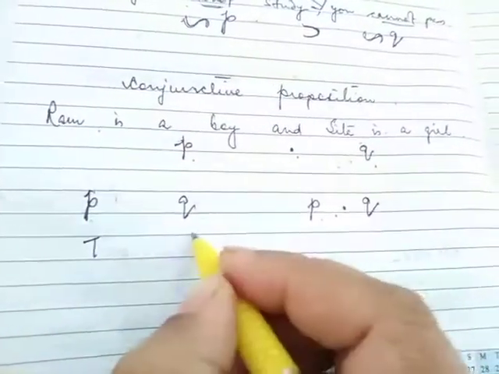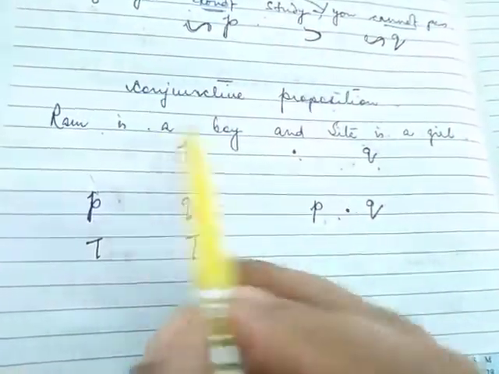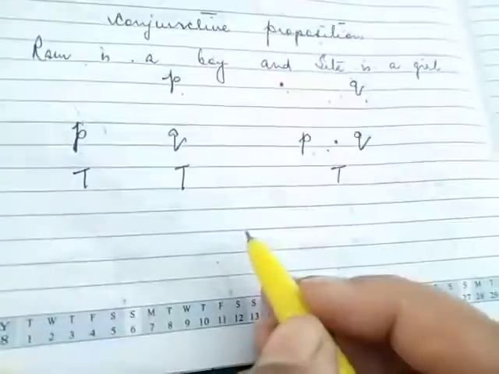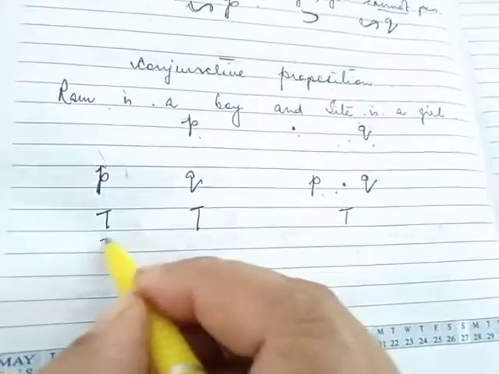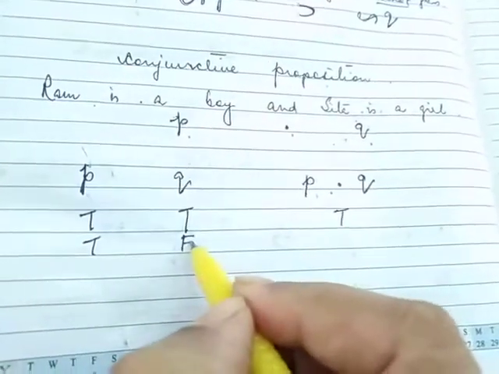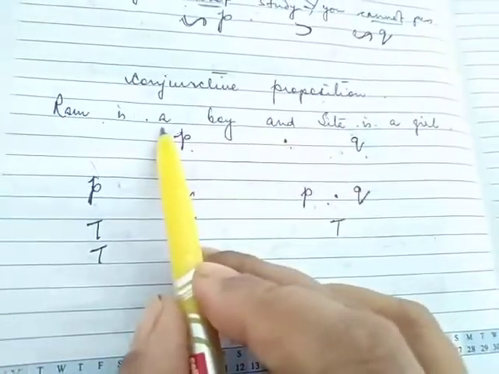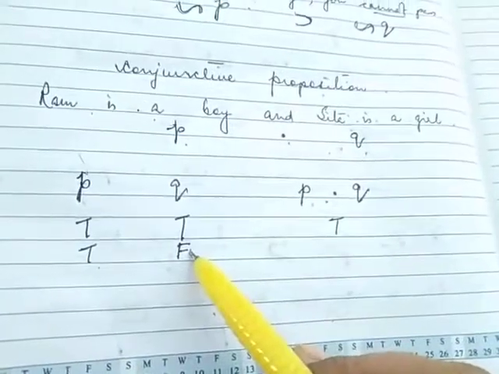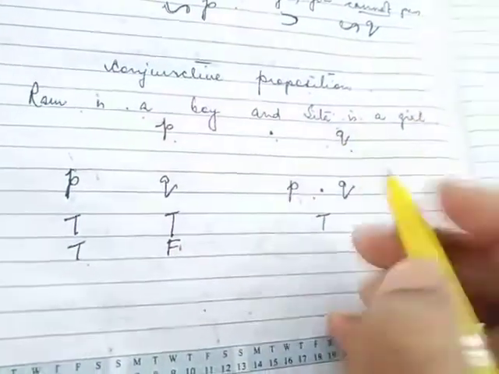Now if both the propositions are true, you can see if Ram is a boy is true and Sita is a girl is true, then the whole sentence will automatically be true. If the first sentence, Ram is a boy, is true and the second one is false, you have got from your experience that Ram is a boy and Sita is a girl is not true, so the whole sentence will automatically be false.